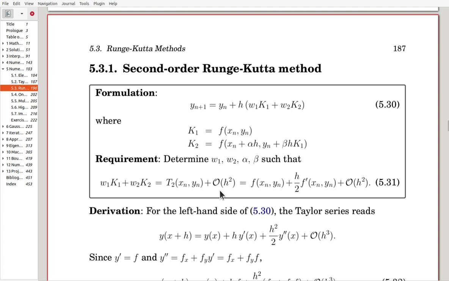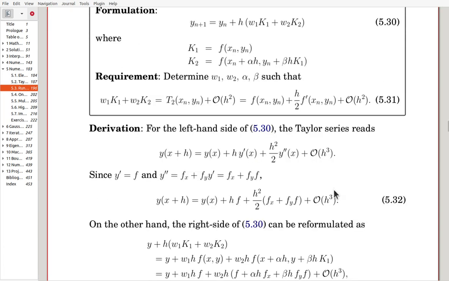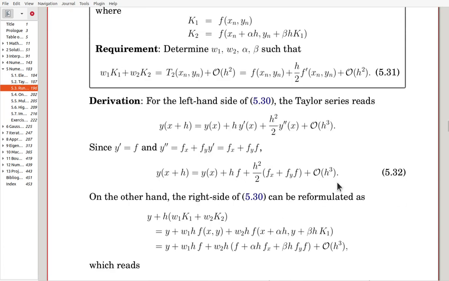Now T2 is given in this way, and to find the weights and alpha and beta, we try to use the Taylor series expansion.